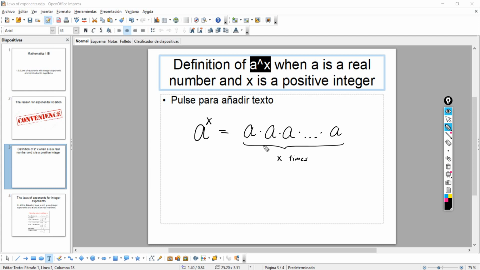We can say either x times or x a's. So a to the x is equal to the multiplication of a by itself. How many times? x times. As many times as is specified in the exponent.